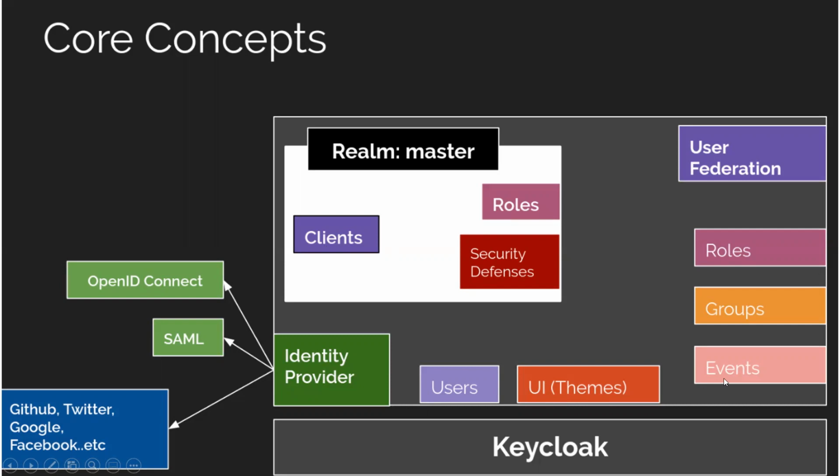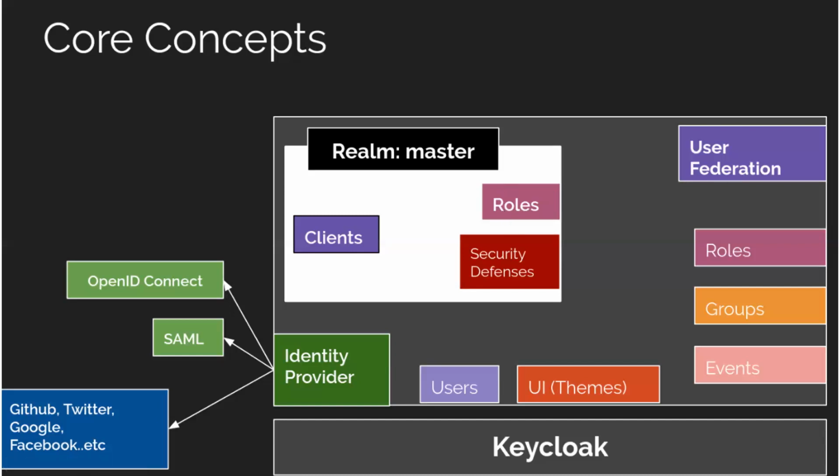For events, you can raise events based on the callback response and success of authorization and authentication. And the providers, as mentioned, we have different providers, such as OpenID Connect, SAML and OAuth 2.0, and we have security defenses and roles, etc.